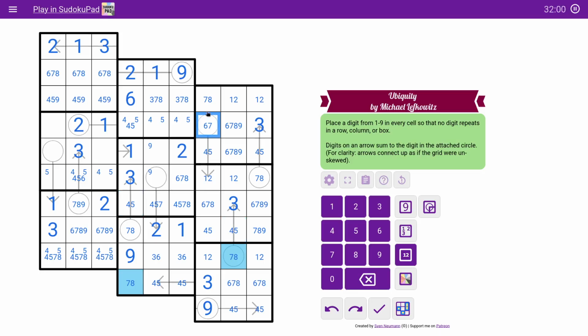Does this cascade? No, I think central rows don't cascade, right? It could be any of these 6.